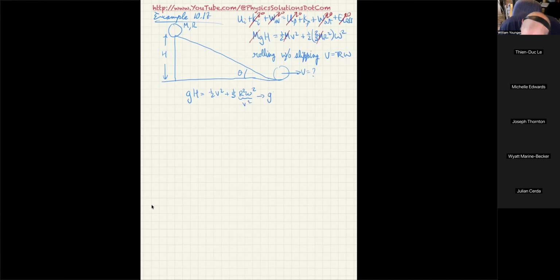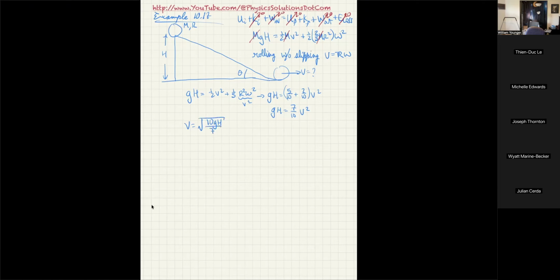So this says gh is equal to 1/2 plus 1/5. I'm going to get a common denominator of 10. So this would be 5 over 10 plus 2 over 10 times v squared. So I get gh is equal to 7/10 v squared, or v is equal to the square root of 10 gh over 7.